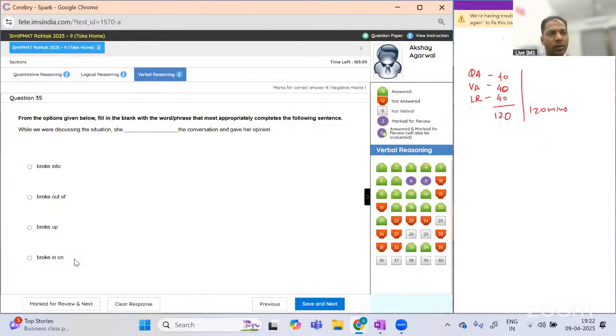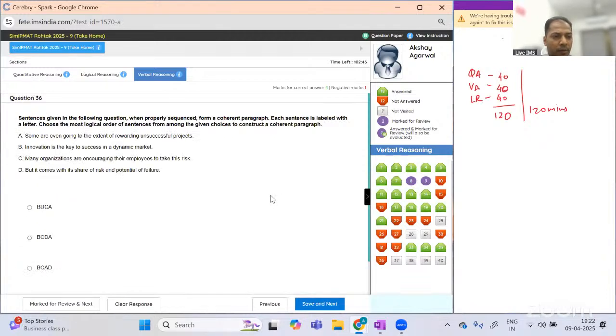Break into a conversation or break in on the conversation. Let me go to the VA, the Q and LR sections also, and then the RCs. Into a conversation would be more appropriate. Or para jumbles, I think these are smaller ones, could be a little easier.